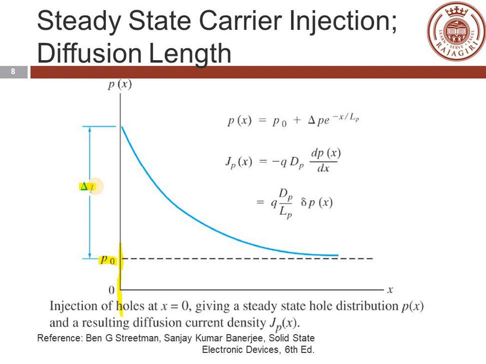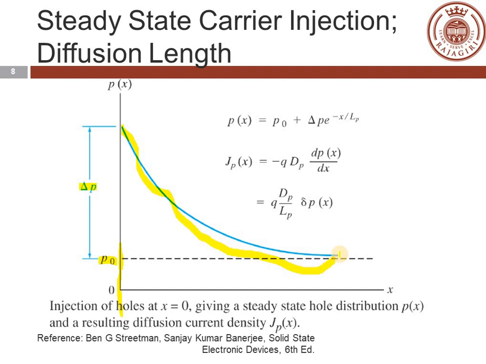Now, as time increases, these excess holes generated will diffuse across the semiconductor bar, recombining with a characteristic lifetime tau p. So after tau p time, these excess carriers will be fully recombined.